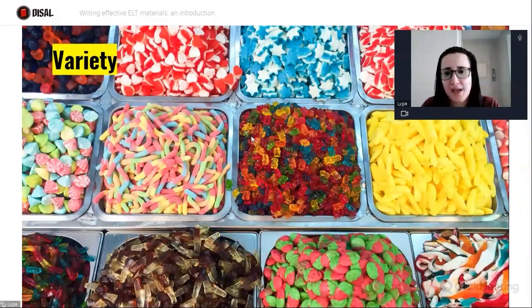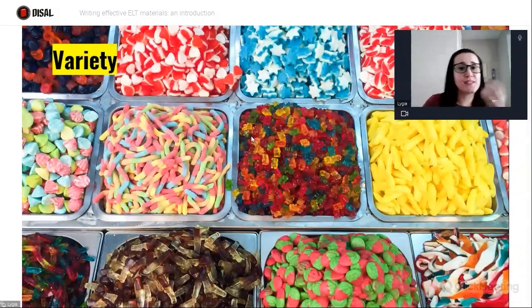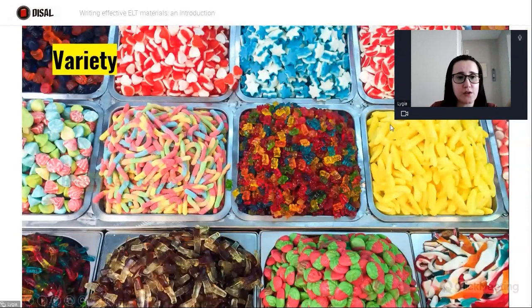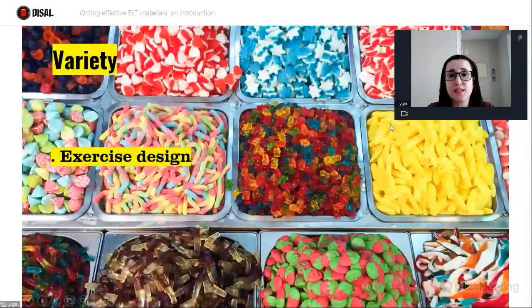So, yes, effective materials have a wide range of activities, and the activities are not only the same type of activity. So, we need to consider exercise design when we think about variety.